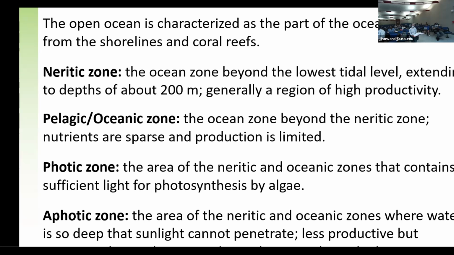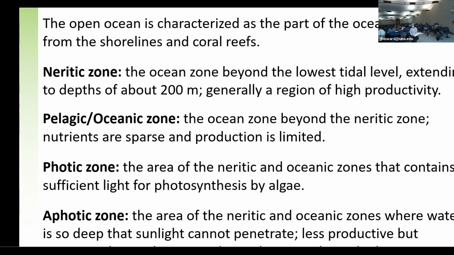On the East Coast, that neritic zone is much larger because the rate of elevation change under the surface of the water is very slow. So you have a very gradual decrease in the bottom depth. So much greater area of neritic zone in the east coast than on the west coast. That doesn't mean that it's more productive though.